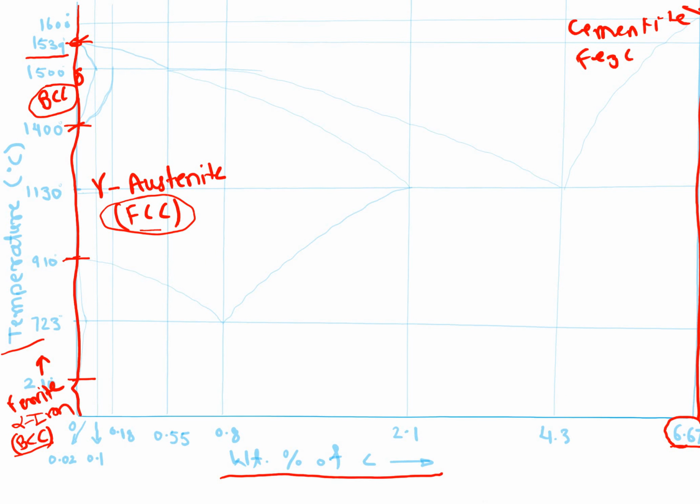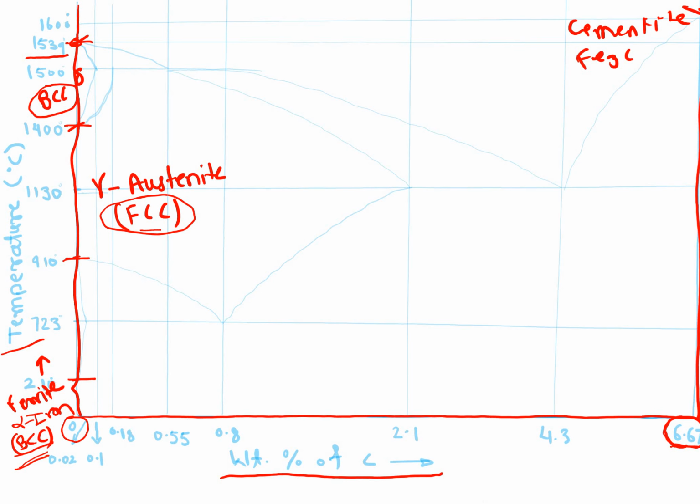Now I have drawn this weight percentage of carbon up to 6.67%. Until now I had discussed the pure form of iron, that is at 0% carbon, and at the maximum percentage of carbon.